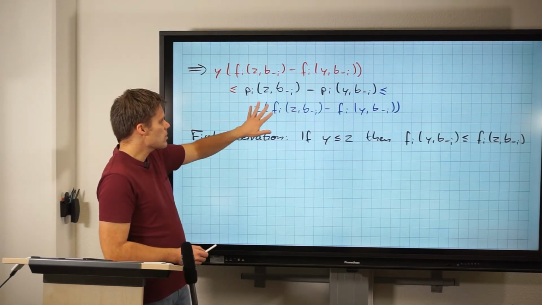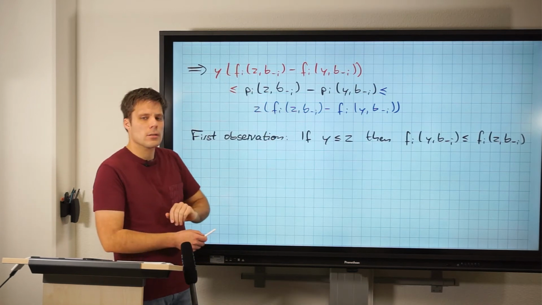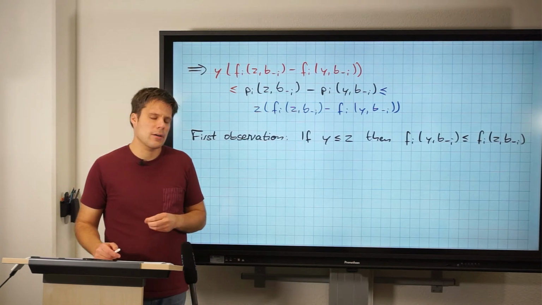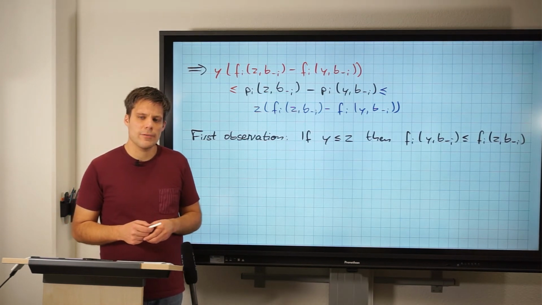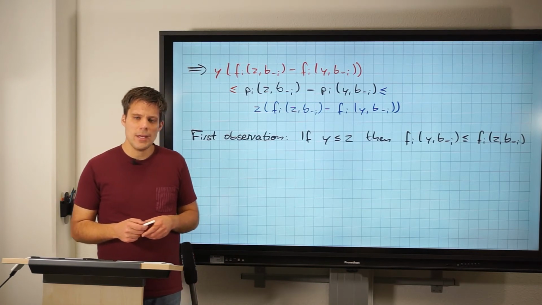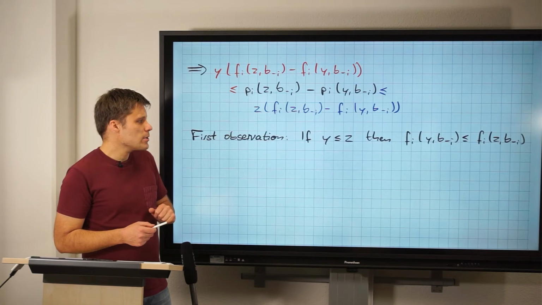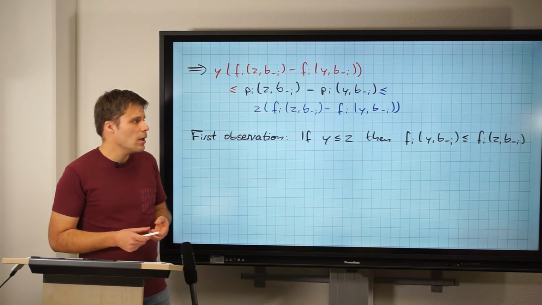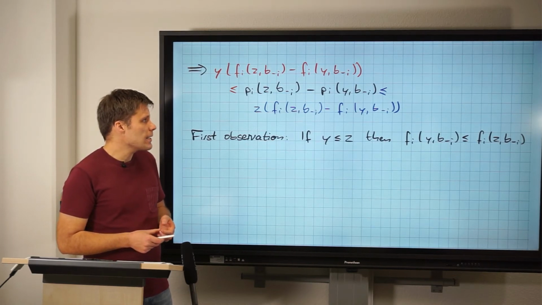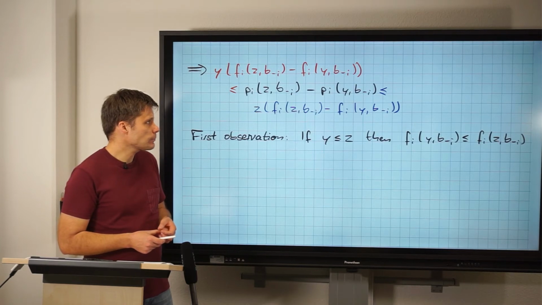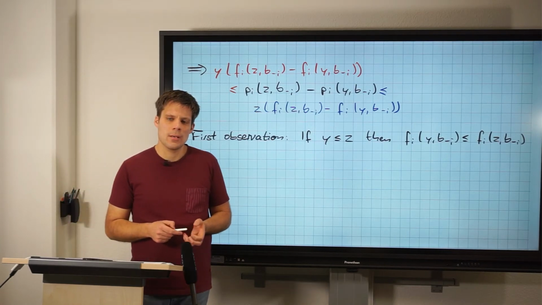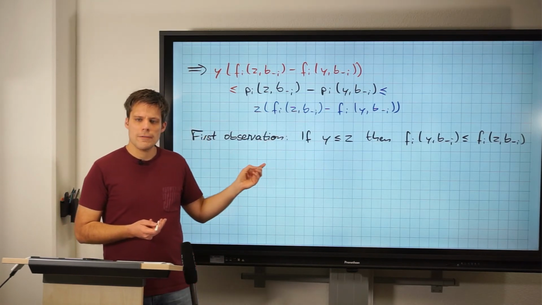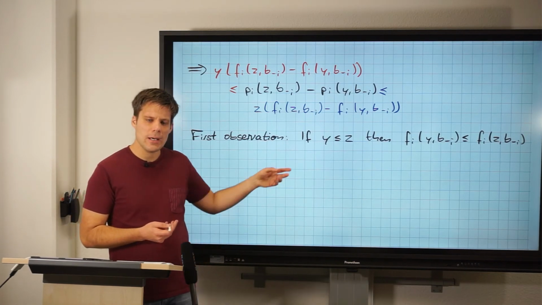Because we might also just subtract this and then we would have y minus z times fi of z comma b minus I minus fi of y comma b minus I. And then this would be non-positive, so because y minus z is negative or non-positive, the other part has to be non-negative. Cool. And this is already stating that if f comma p is truthful, then we'll have to have this monotonicity.